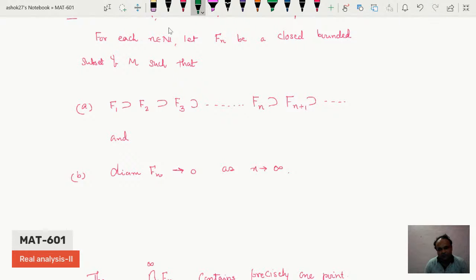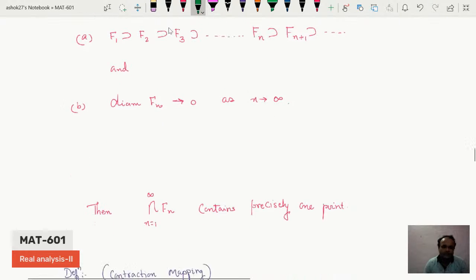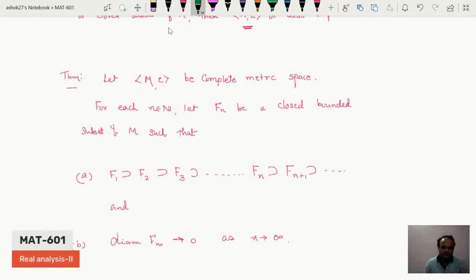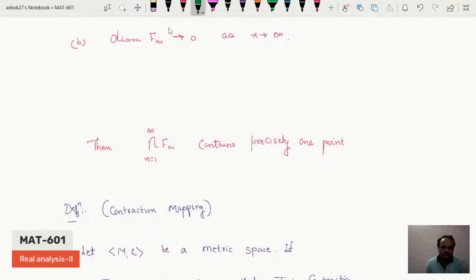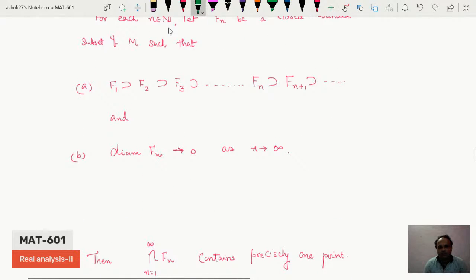That is the first condition. And the diameter of Fn tends to 0 as n tends to infinity. If this situation holds, then the intersection of this family of closed bounded sets contains precisely one point.